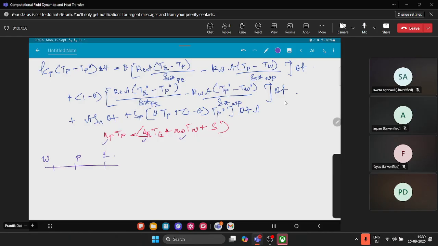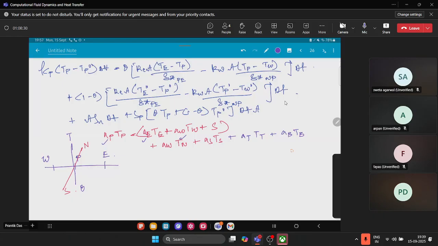If it's a two-dimensional problem, this becomes north and this becomes south, so we add AN TN plus AS TS. If it's three-dimensional, this is top and this is bottom, so we add AT TT plus AB TB. It's like a superimposition principle. These coefficients will change if I change the discretization scheme.